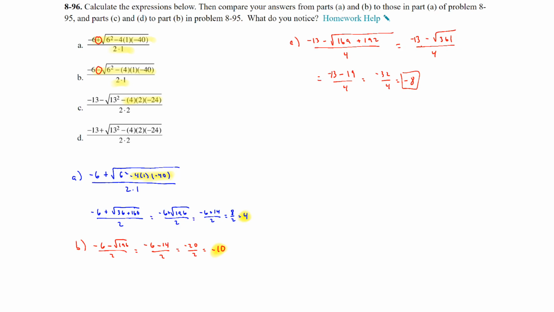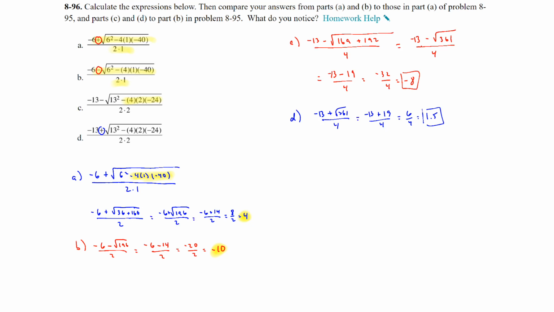And then the same thing for part D, but it is a plus sign. So the only thing we need to change is to change it to a plus the square root of 361. Negative 13 plus the square root of 361 divided by 4. So that's negative 13 plus 19 divided by 4, or 6 divided by 4, which is 1.5.